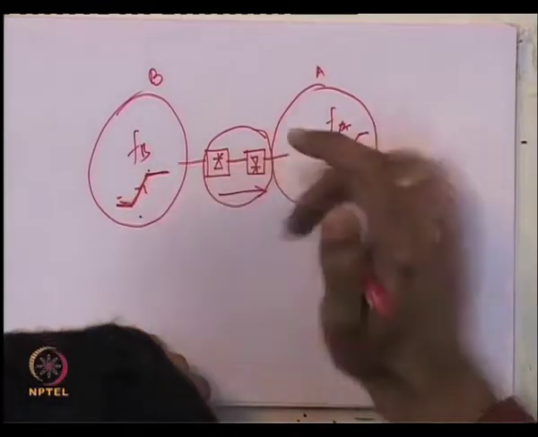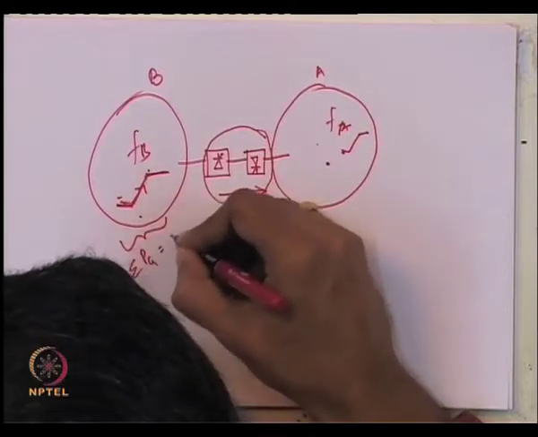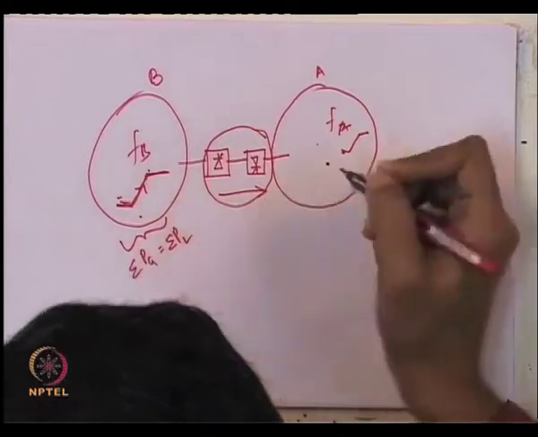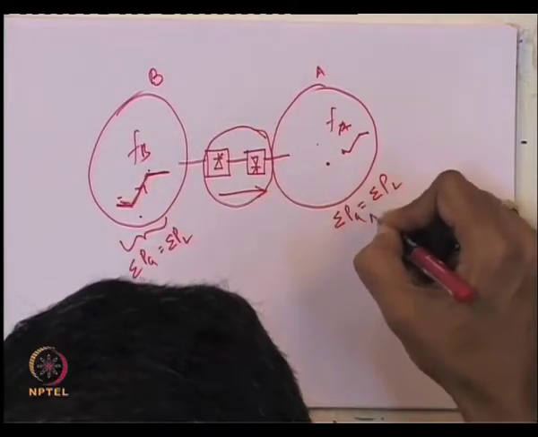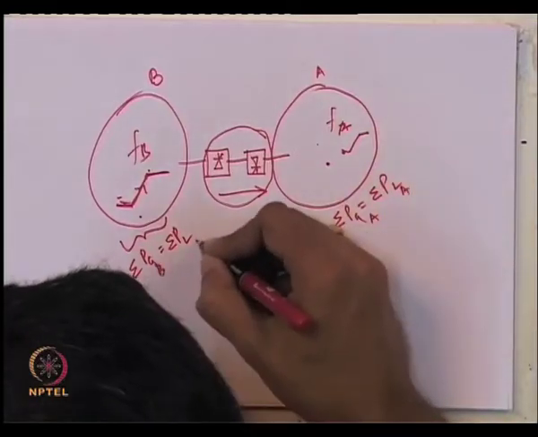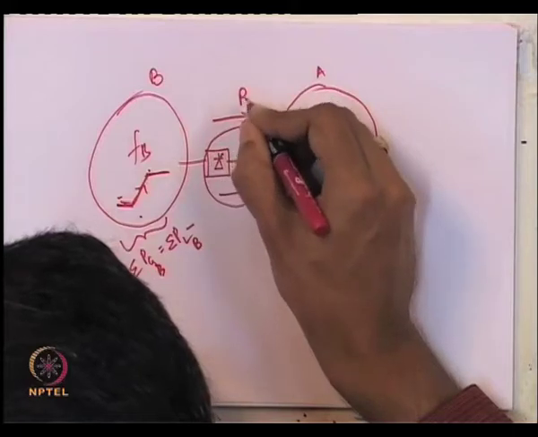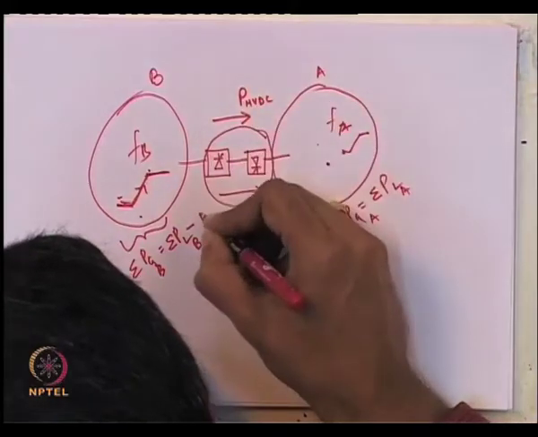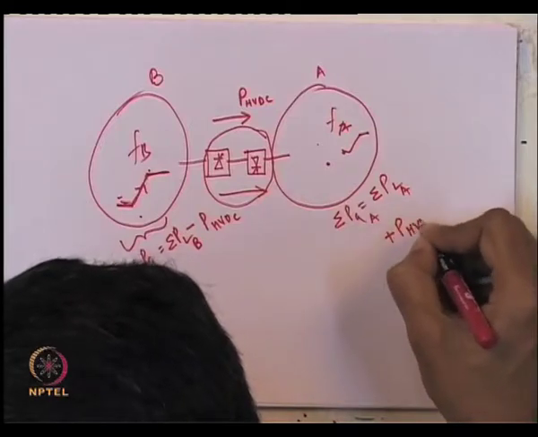Remember that in an asynchronous link, in each area the generation P g is equal to the sum of loads plus losses, plus or minus P HVDC. Here it will be minus P HVDC, and here it will be plus P HVDC.